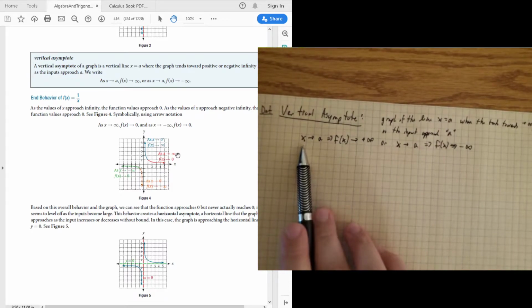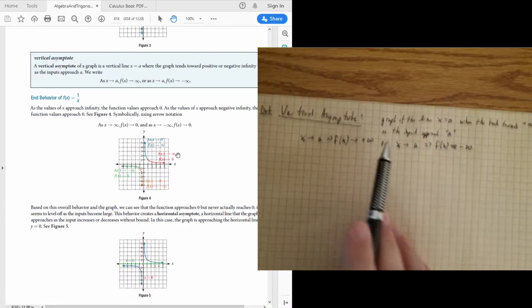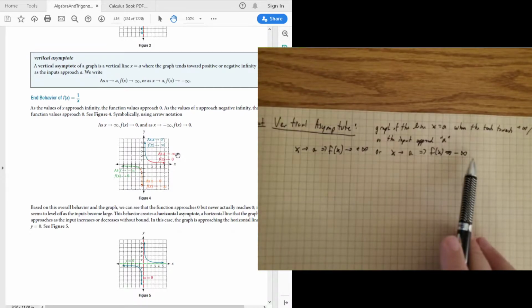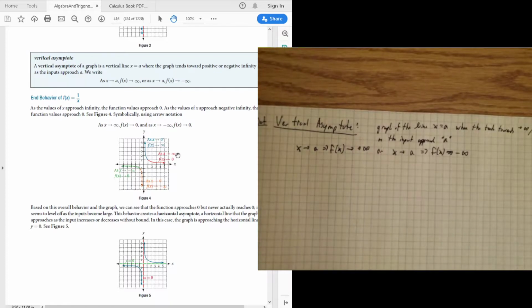So, as we get closer and closer to a, the graph goes up, or as x approaches a, the graph goes down. But notice this is to infinity. So it's not just going a little down, it's going all the way down. It's going straight down. This example here in the text right here is really helpful here.